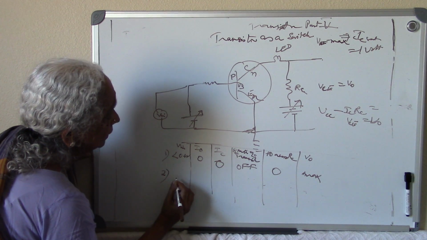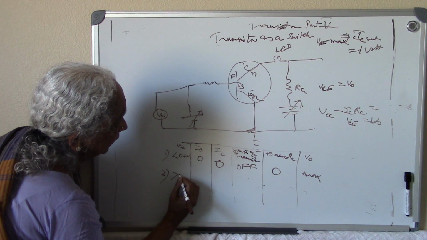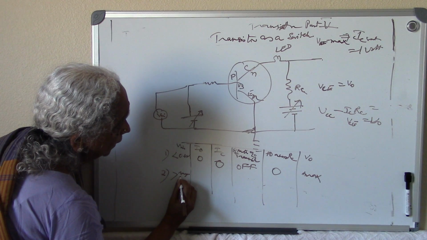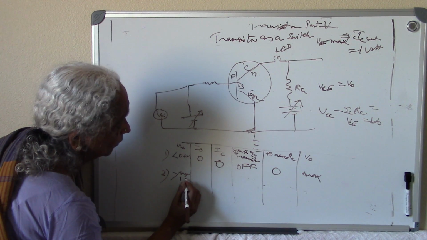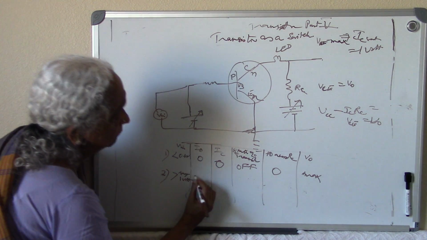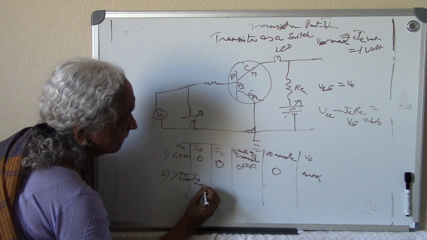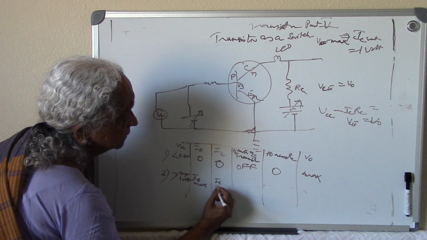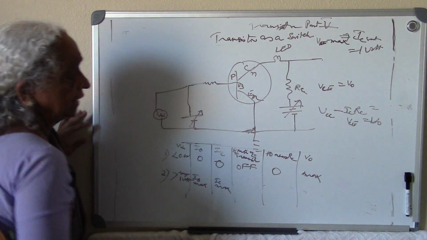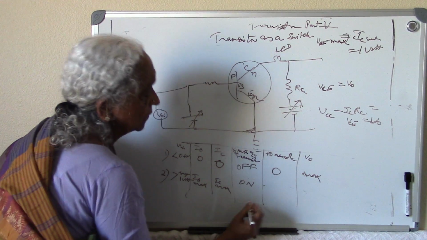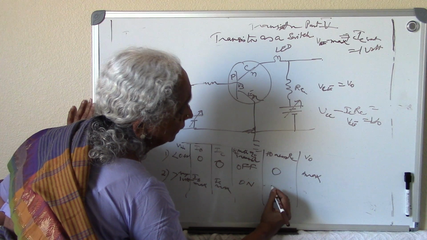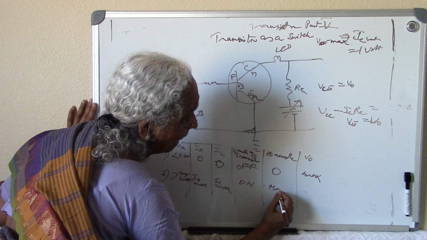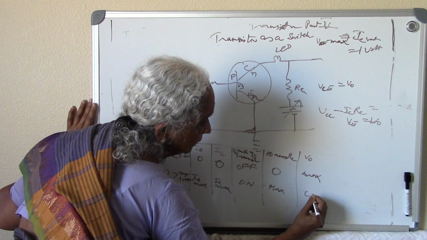Now second, for VN greater than say 1 volt or 1.5, IB will be IB max, IC will be IC max, and the state of transistor will be on, PD across RC will be maximum, and output will be nearly 0.